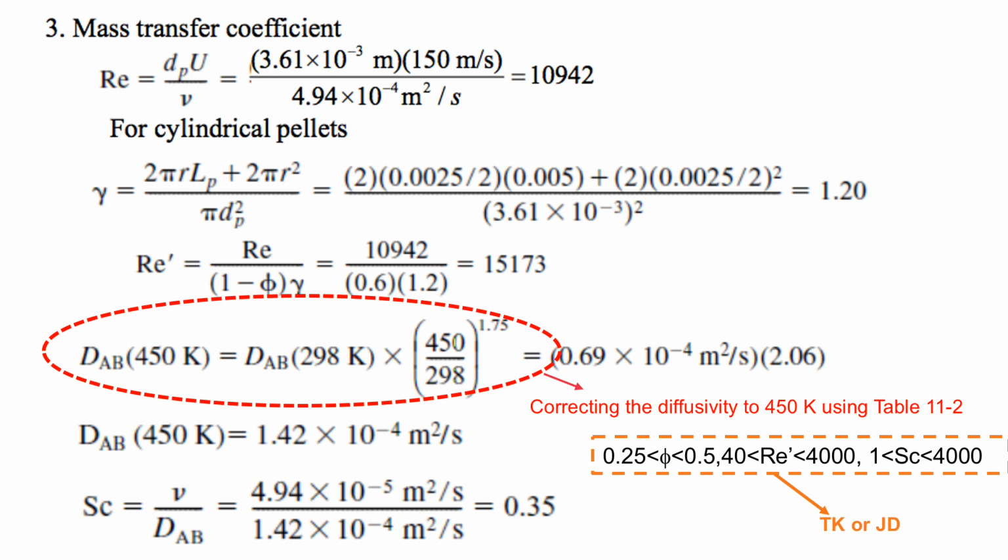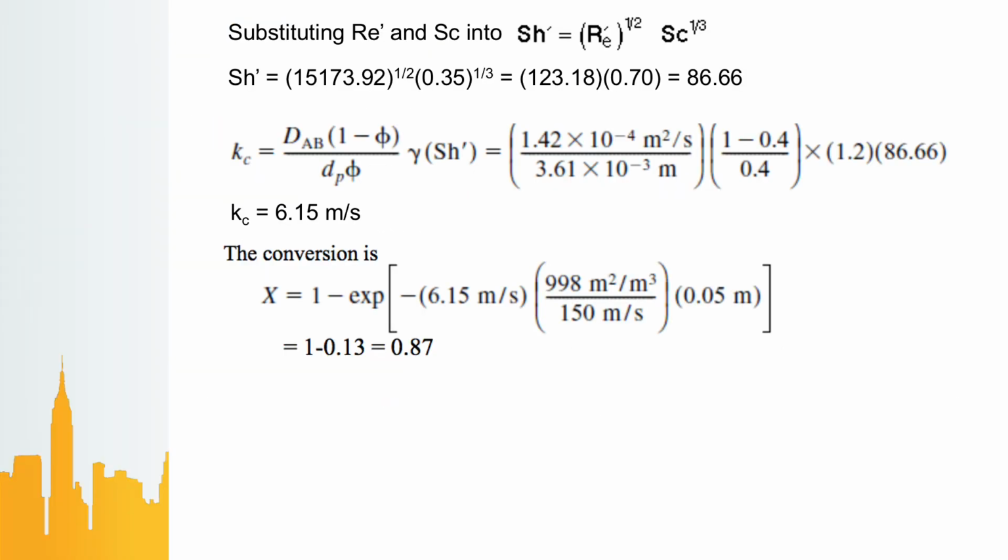Then let's have a look at the Reynolds number prime from the calculation. We substitute the Reynolds number prime and Schmidt that we obtained just now into equation 11-65. We get the value of Sherwood prime, and then we insert all these values in equation 11-66 to finally determine the value of Kc.